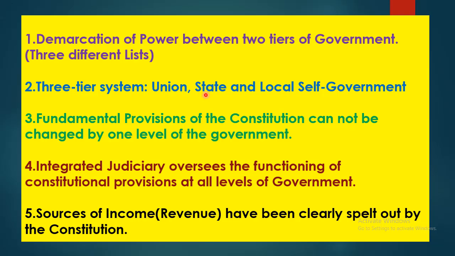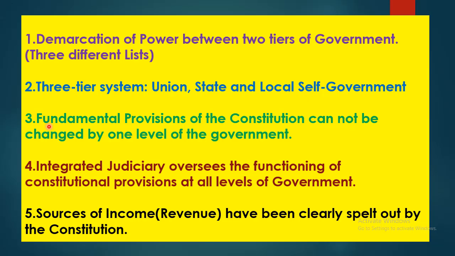Each state has its own government, and in the local areas we have panchayats or municipalities. They do have a kind of government that is called the third tier government, that is local self-government. The third tier government is supported and empowered by both the state and central government.